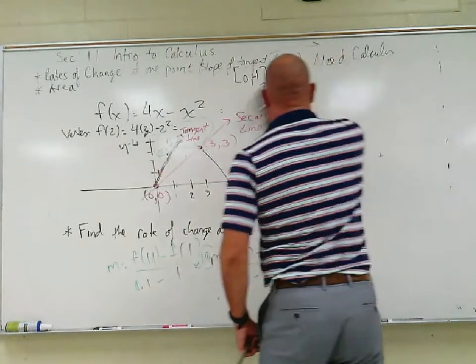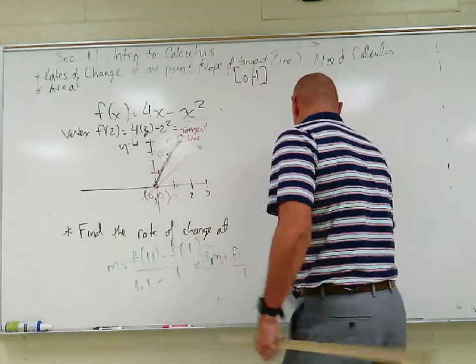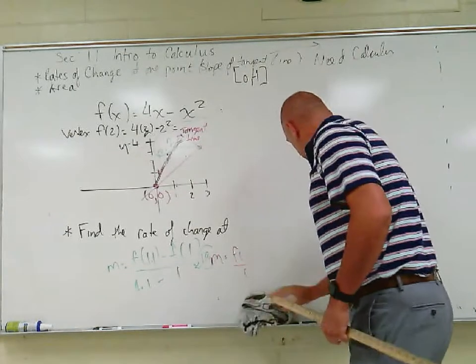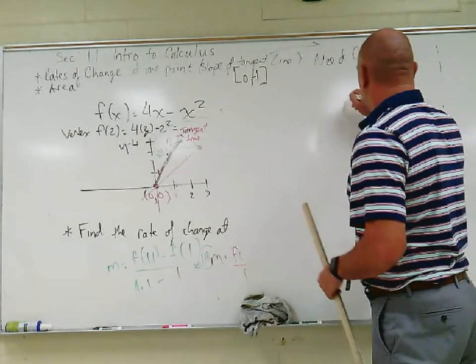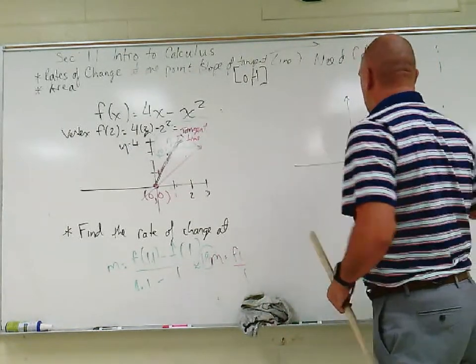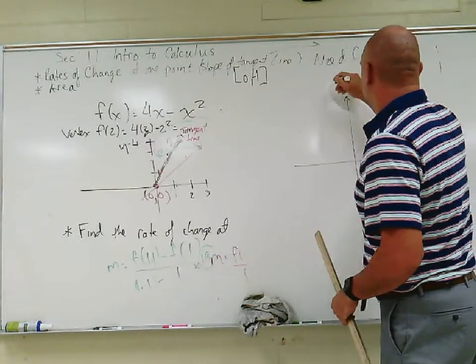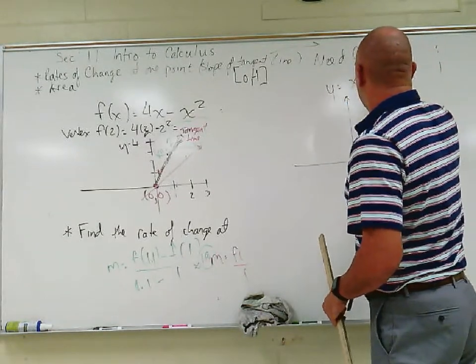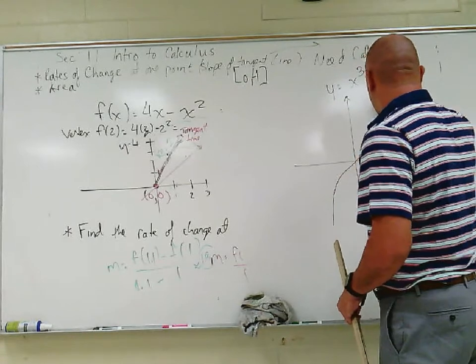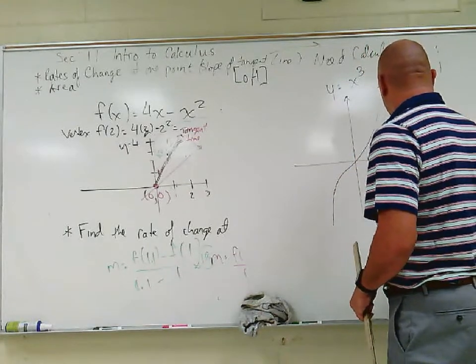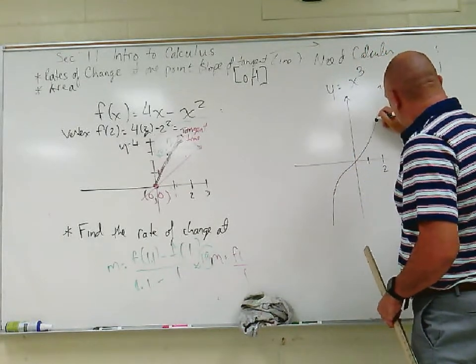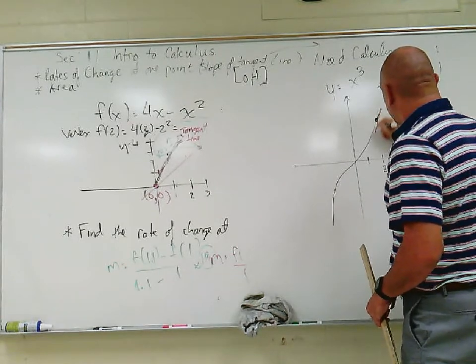So let's just say you've got whatever it is. I'll give you another example real quick. I'll just stick with a parabola because it makes it easier, we can do an x cubed. So let's say you got the x cubed graph. And let's say over here at 2, I want to find the slope.